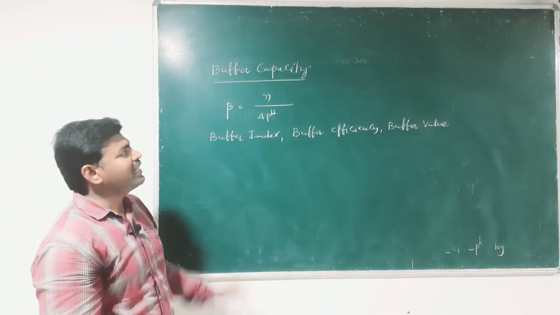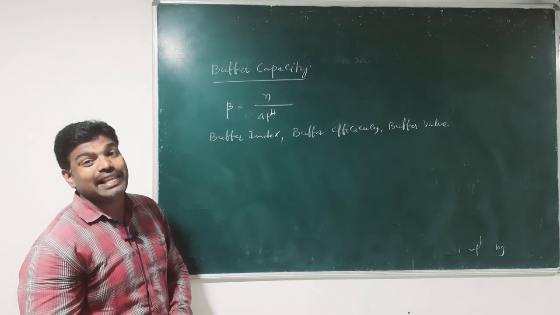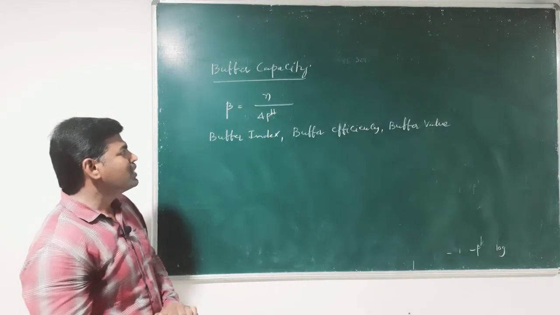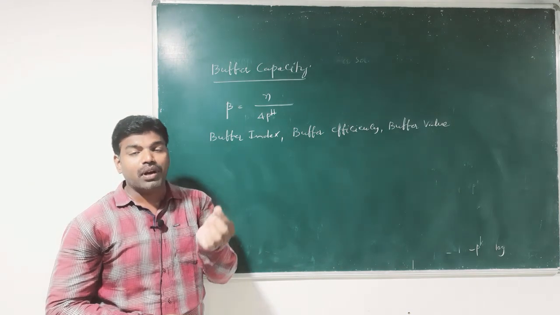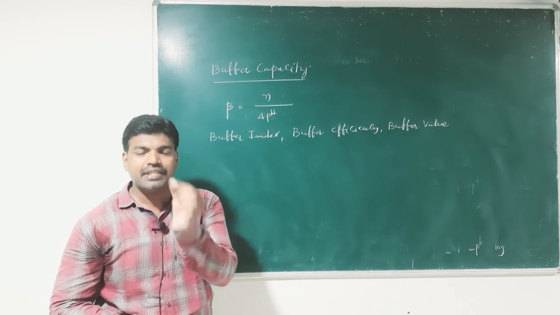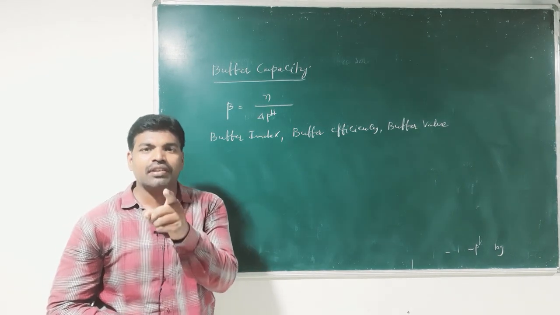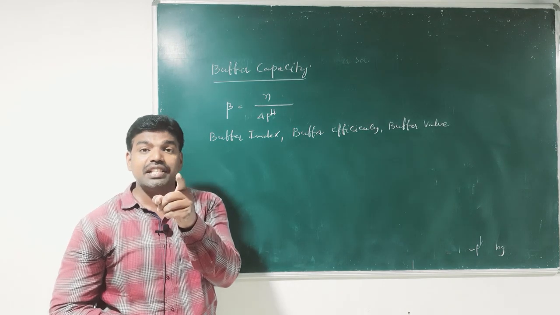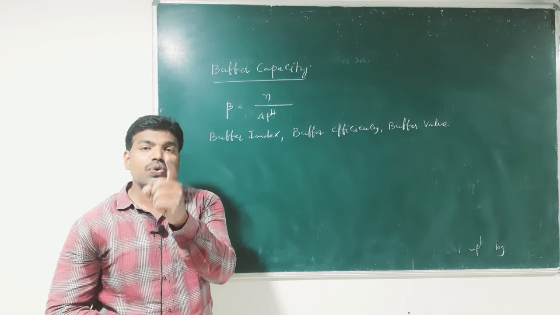Okay, so let us see what is the buffer capacity of an acidic buffer. What is buffer capacity? It is the number of moles of acid or base that causes a change of 1 unit in the pH of 1 liter of buffer solution.